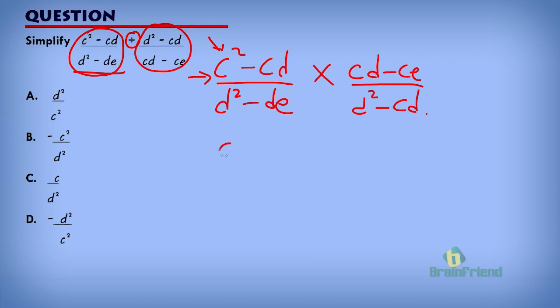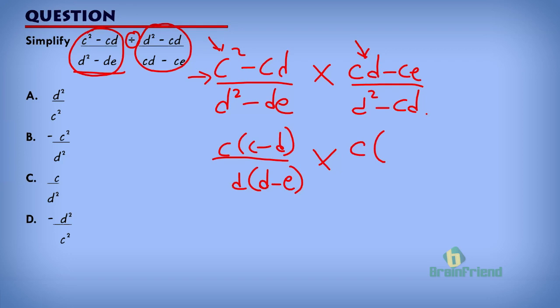C is common. So we take c out and we have what's left in our bracket as c minus d. d squared minus de: d is also common. So we leave d minus e within the brackets. Multiplied by cd minus ce: c is also common in our expression here. So we take that out, and what do we have left? d minus e.